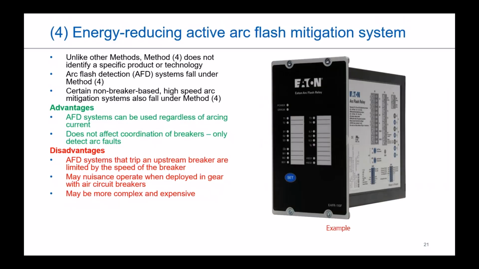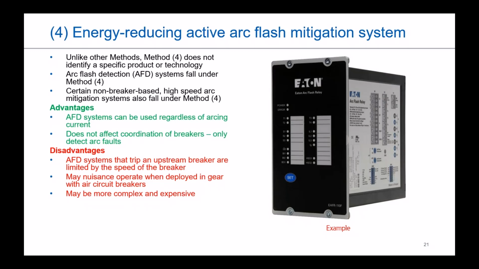The one that we'll circle back to, this is just kind of the high level for this one, and then we'll dive deeper in once we get through all the options. But number 4, the active arc flash mitigation system. There's a number of ways this can be implemented. There's several varieties and flavors that come when you talk about active arc flash mitigation systems. So the good news is, like most of these, you can use them regardless of whatever your arcing current is.